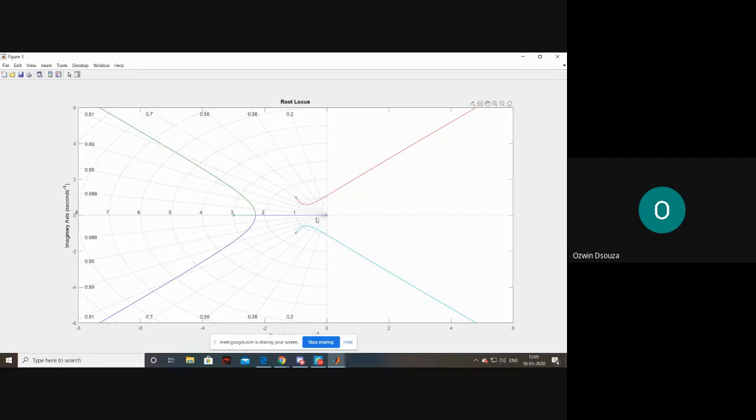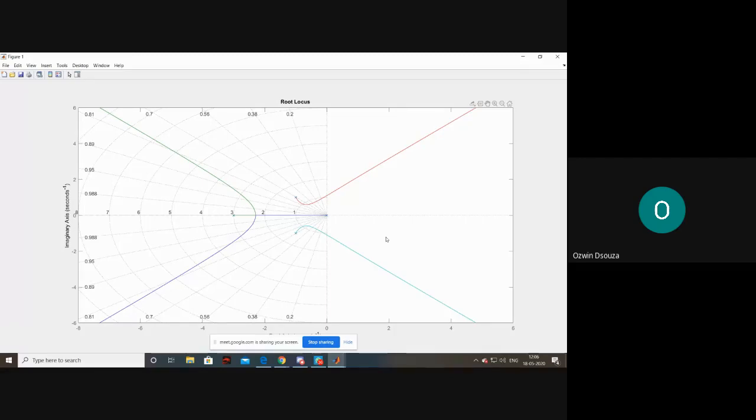Similarly, the mirror image of the complex pole will appear in quadrant 3, right? What you have in quadrant 2 will be there in quadrant 3 and quadrant 4. That's because the root locus is always symmetrical about the real axis.